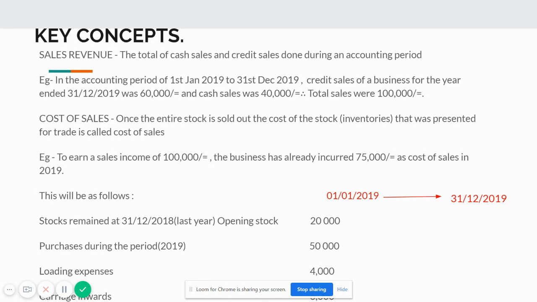If you are in the motor car trading business, the motor cars will be the stock of yours. If you are running a furniture business, the furniture will be the stock or the inventories of yours. Once the entire stock is sold out, the cost of stocks that was presented for trade is called cost of sales.